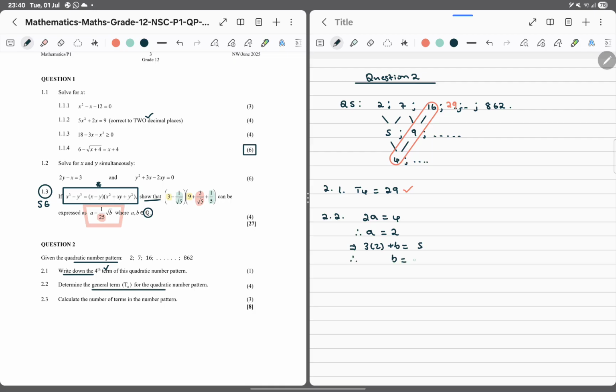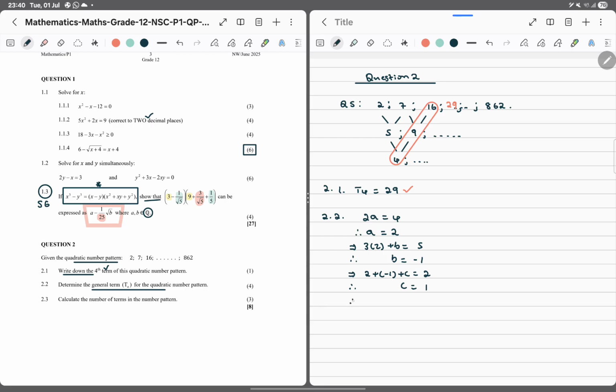Therefore b becomes -1. This also implies that a, which is 2, plus b, which is -1, plus c should give us the very first term of the quadratic pattern, which is 2. Therefore c should be 1.